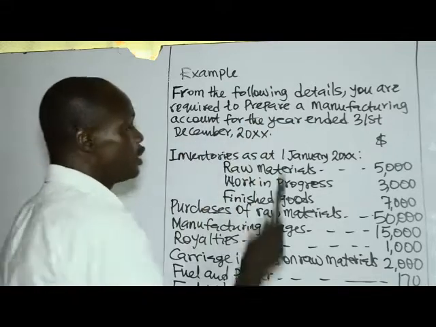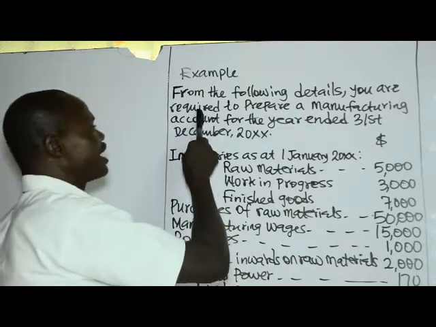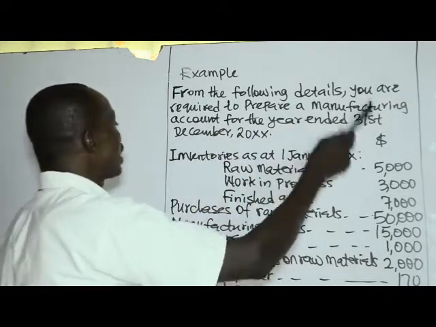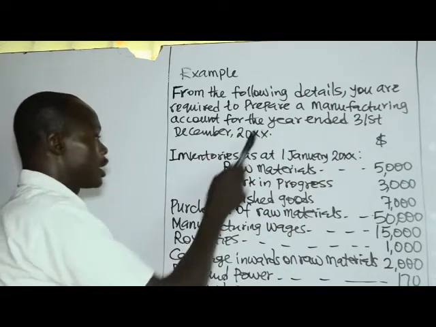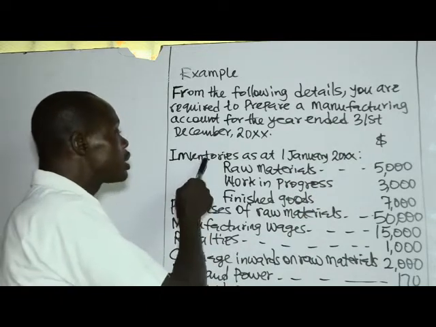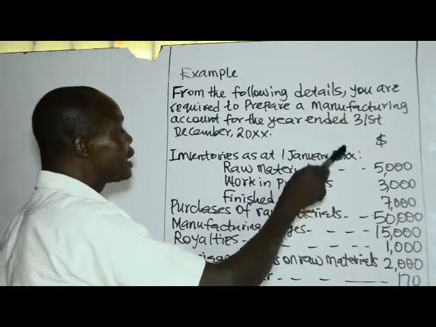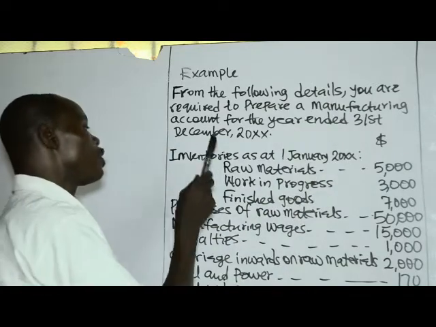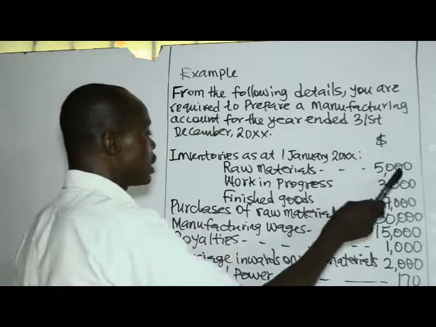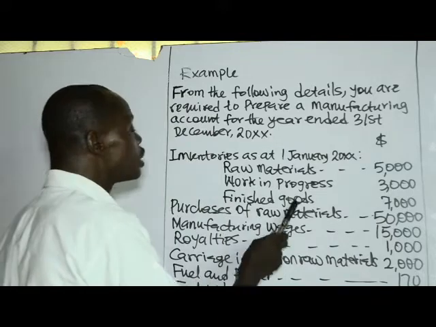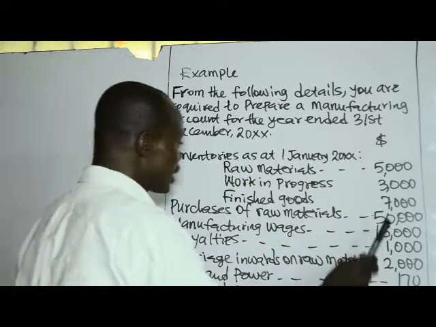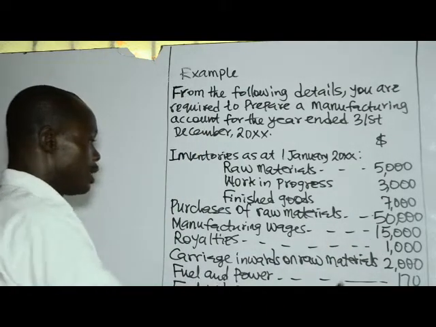From the following details, you are required to prepare a manufacturing account for the year ended 31st December 20XX. Amount in dollar. You have inventories as at 1st January 20XX, we have raw materials 5,000, work in progress 3,000, finished goods 7,000, purchases of raw materials 50,000, manufacturing wages 15,000.